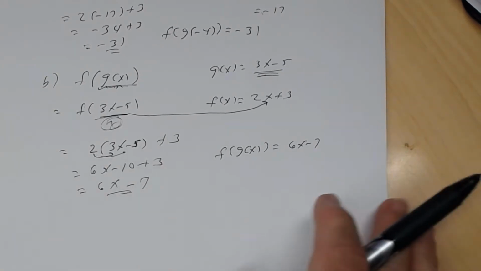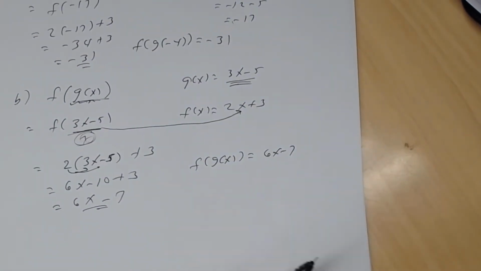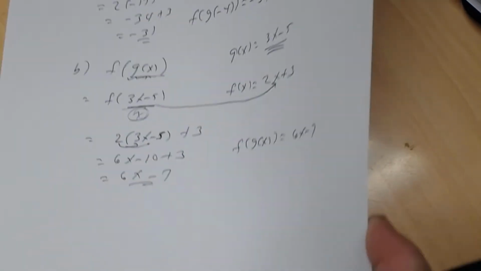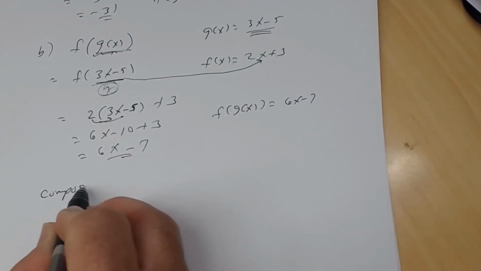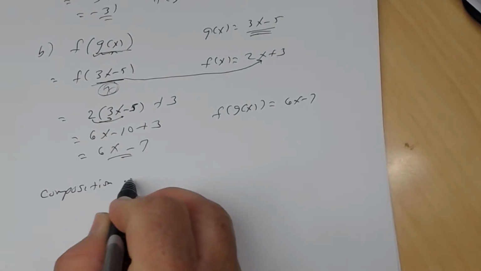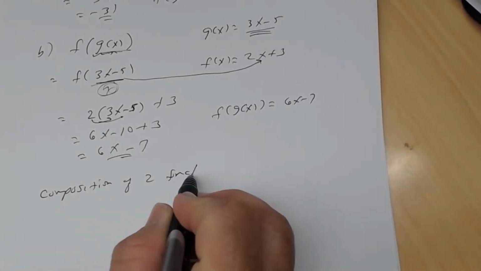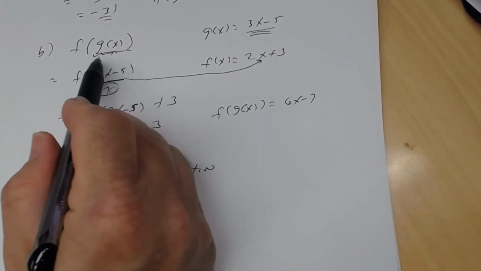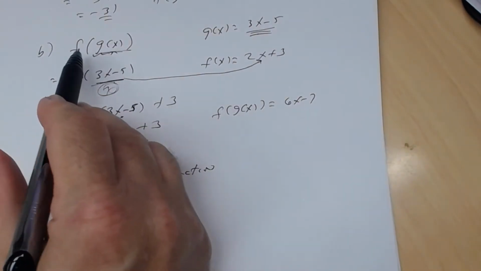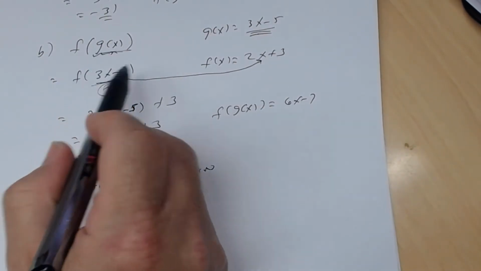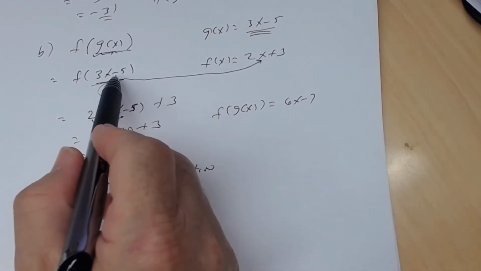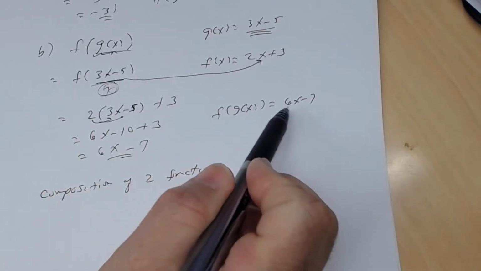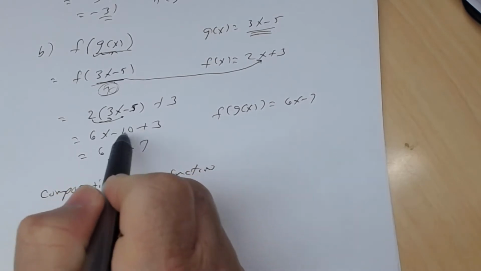What I want you to notice now at this point is this. All this discussion leads us to this fact: composition of two functions. Notice I took this function and put it inside of another function. I took g of x, which is this, and placed it inside of f of x, right here.